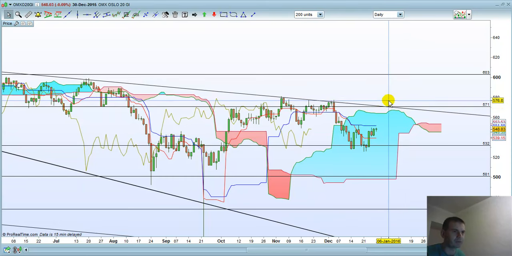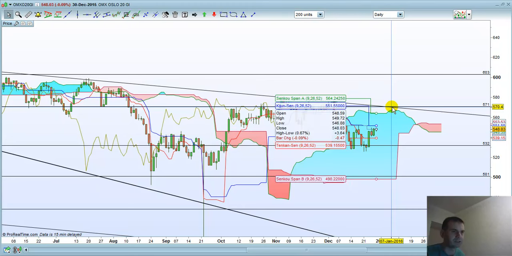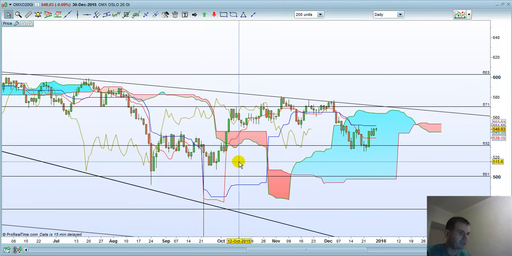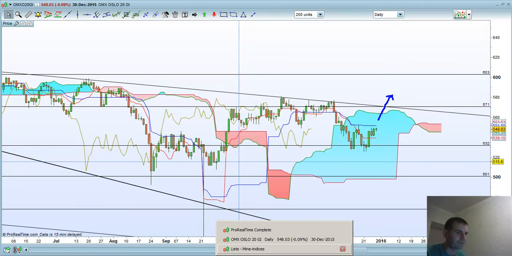If price overcomes this resistance, then we can tell about the rising character of the market, and the profit goal should be 603. So we should wait till price breaks this resistance level.